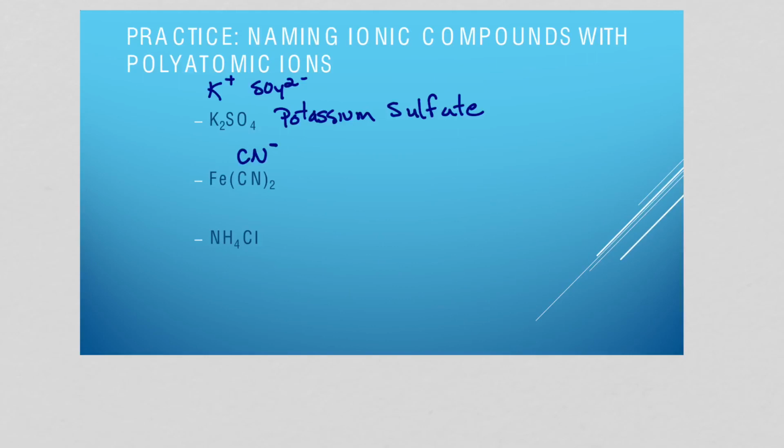We have two of them in our formula. So that means the iron here must be iron positive 2, right? So when I start to name this out, it becomes iron 2 cyanide.